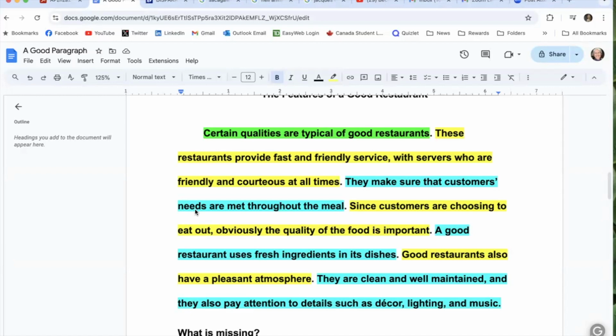So now let's look at this second supporting point in blue. Sophie, what is that? The good restaurant uses fresh ingredients in its dishes. Yes, so the ingredients, and what are examples, Sophie, of ingredients? Like vegetables would be an ingredient, spice.